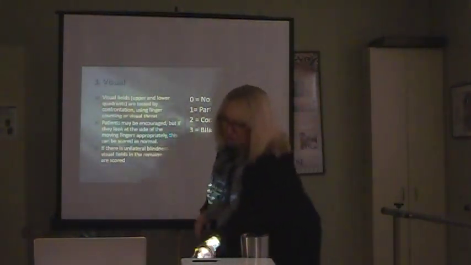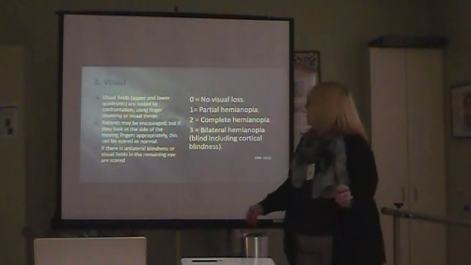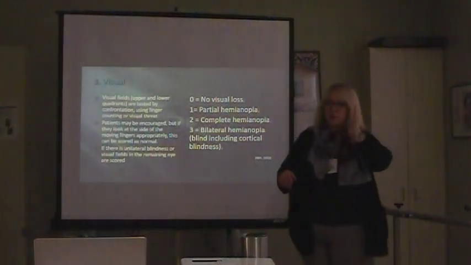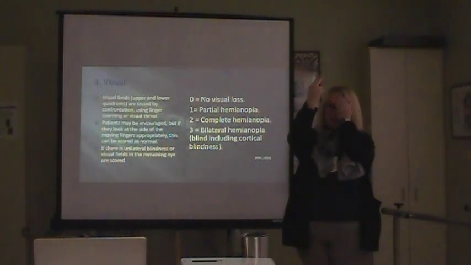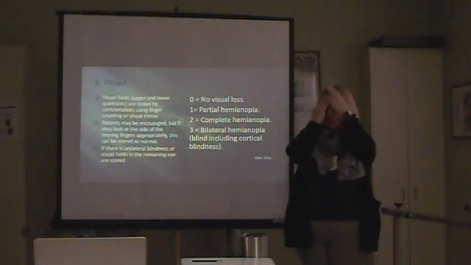Technically, in each quadrant, we would want you to test each eye independently. So you ask the patient to cover their eye, or you cover it for them, and then you want to test each quadrant of that eye, and same thing over here, each quadrant.